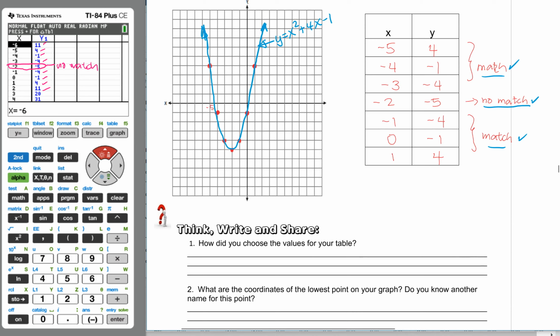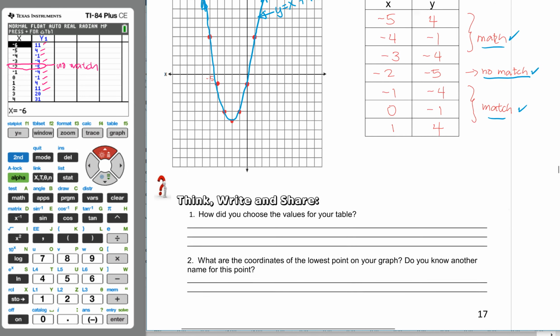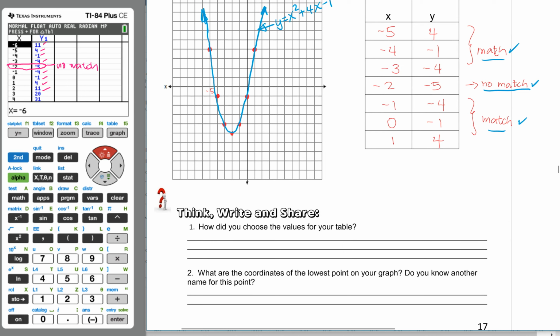We have question number 1: how did you choose the values for your table?